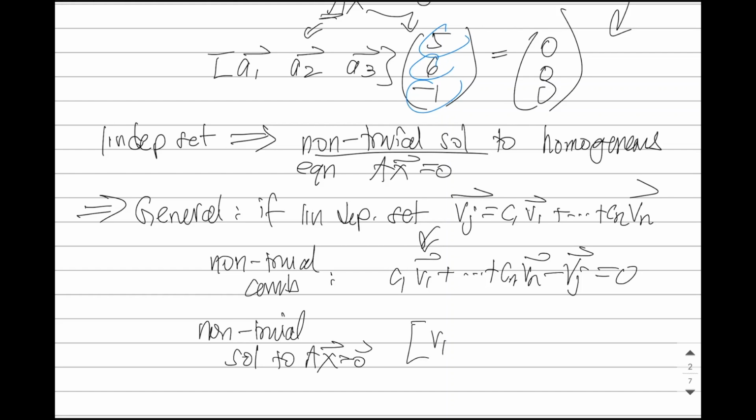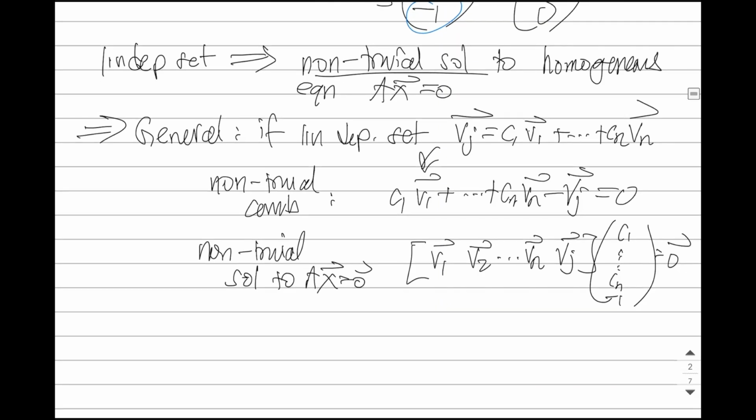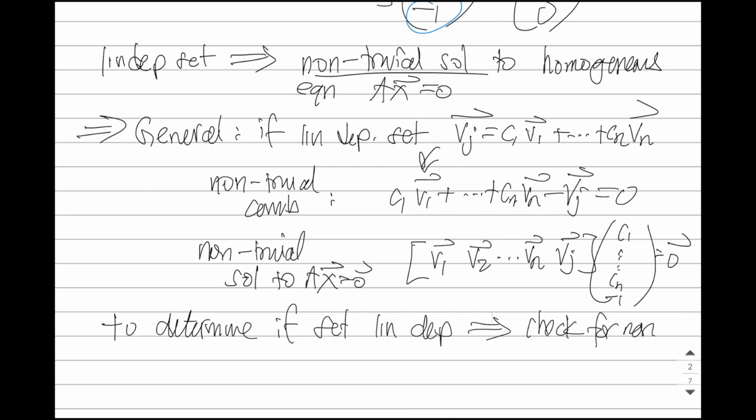You're going to have a matrix v1, v2 all the way down with the vj, c1, cn with the -1 equals 0. And so the point of the story is to determine if a set is linearly dependent. What we need to do is check for non-trivial solutions to Ax equals 0. And we'll talk about that in the next video.